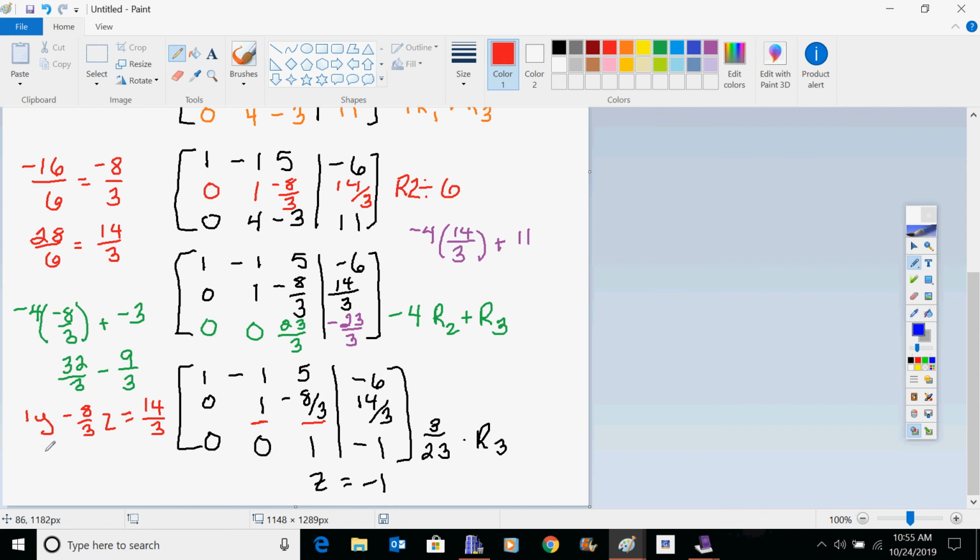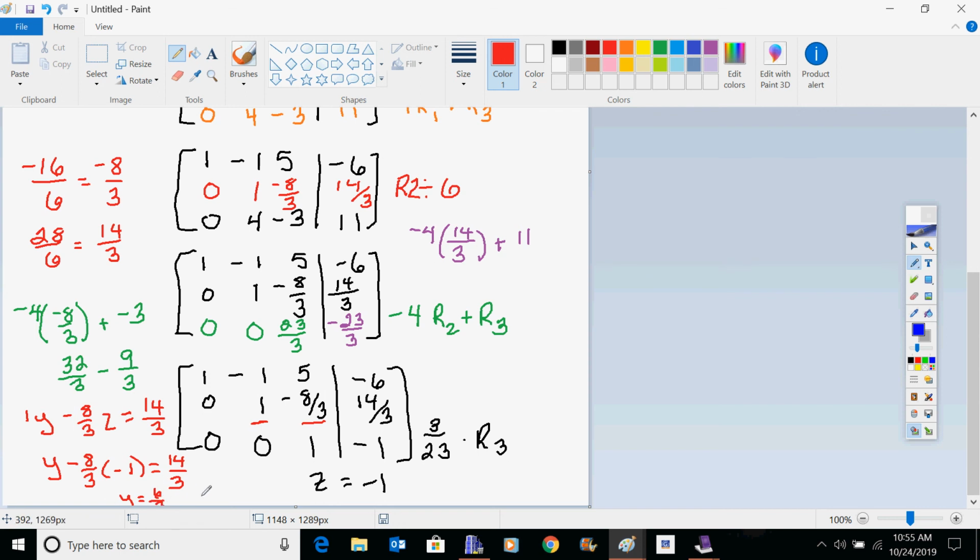Since we know how much z is, why is z negative 1? Because 0x plus 0y plus 1z equals negative 1. Then we're going to plug in our negative 1, so plus 8 thirds equals 14 thirds. How much is 14 minus 8 thirds? 14 minus 8 is 6 thirds.